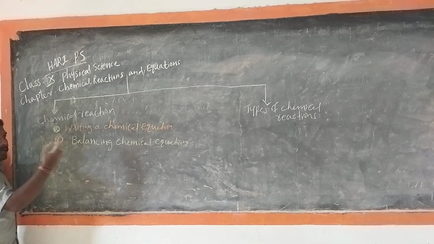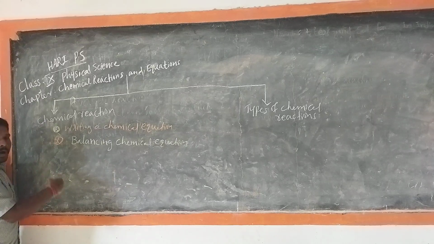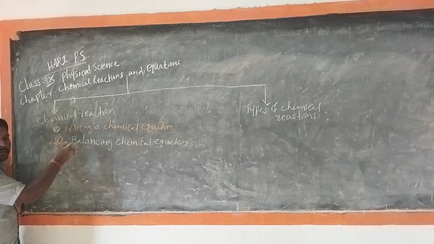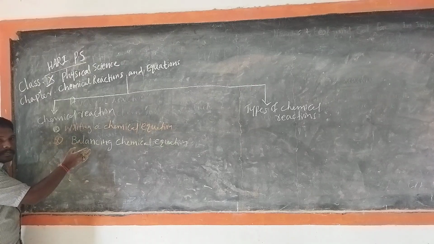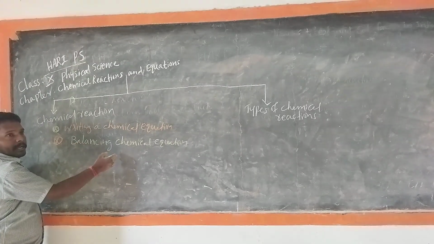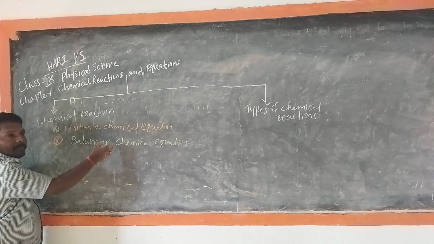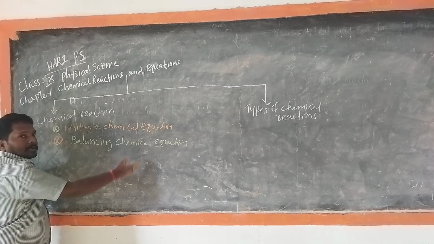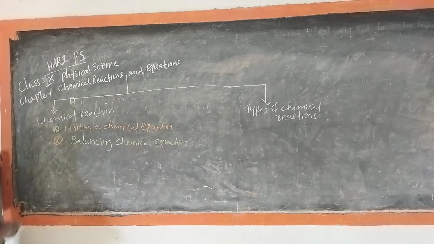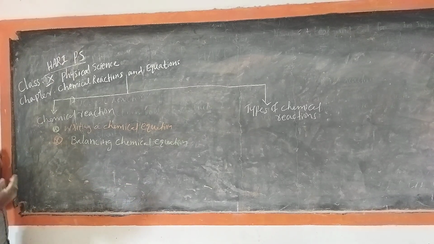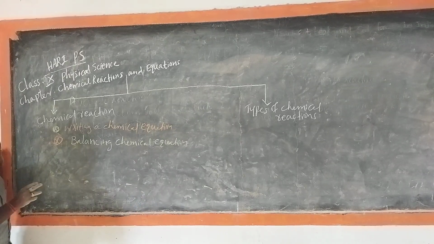Then the LH side and RH side. The LH side is the reactant side. Note down the names of the elements or atoms involved in the chemical reaction. Then note down the number of atoms on both sides: how many on the LH side, how many on the RH side. If the equation is not balanced, multiply with a suitable number.